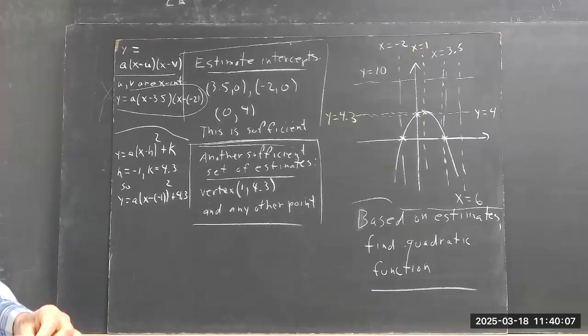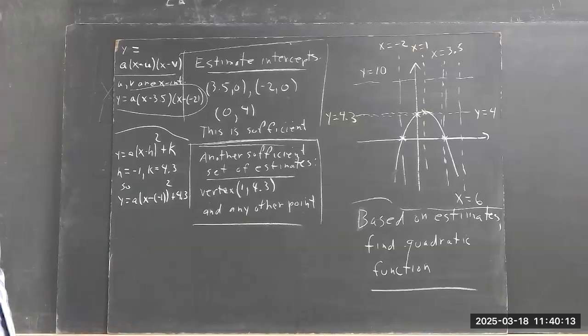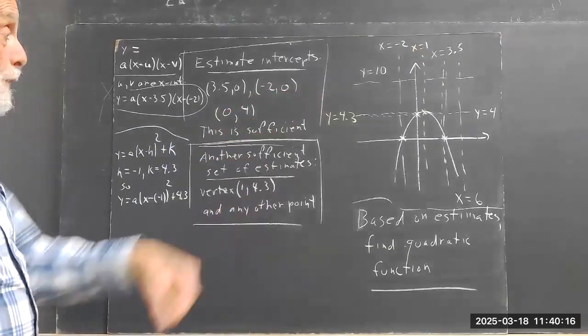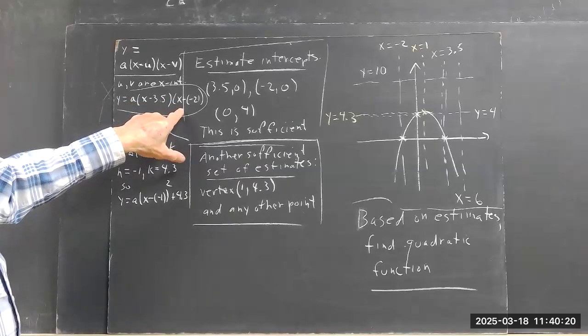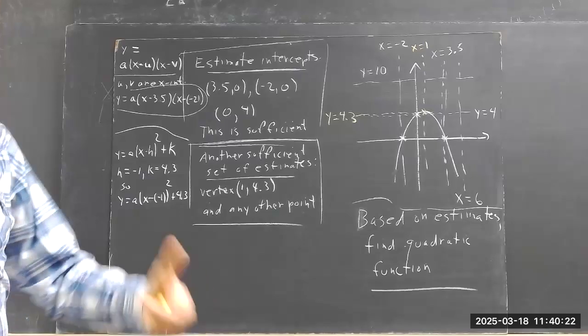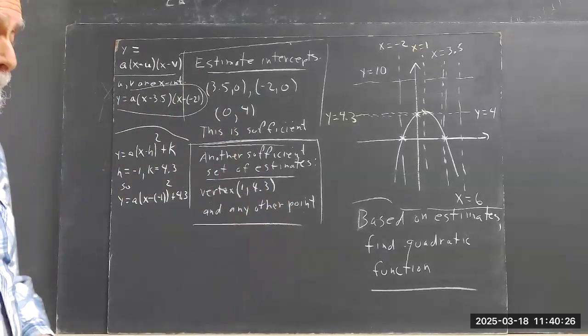Now, there are other things that you can do that kind of shortcut it. There are some points that are easier to use than others. It's always nice to use a y-intercept, because your x is going to be 0. It's going to make your numbers just a little easier, okay?